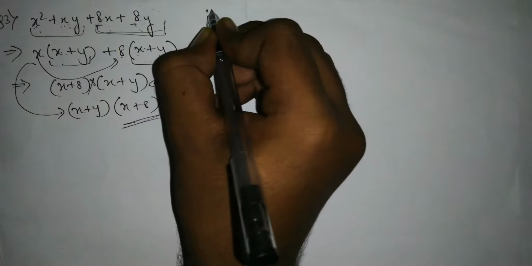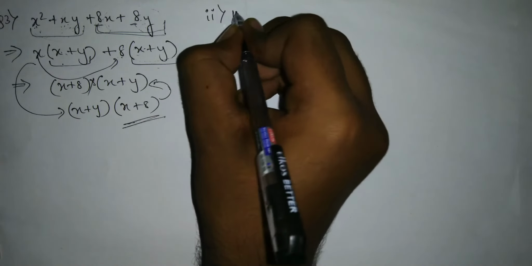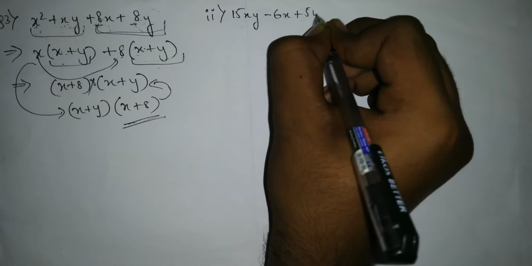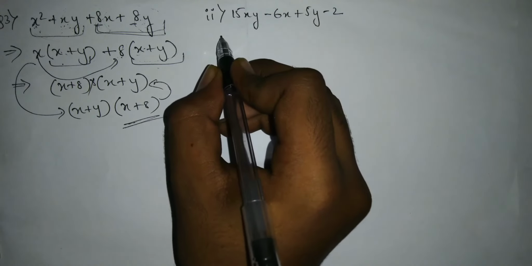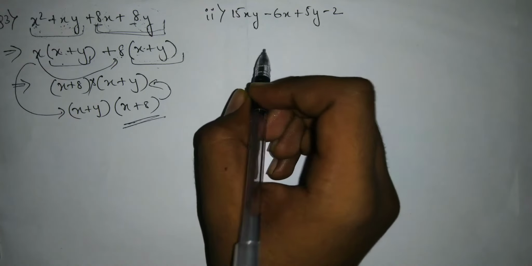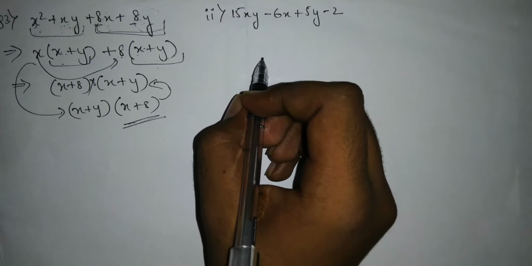Moving on to the second part of the question, that is 15xy minus 6x plus 5y minus 2. Now to do this, which terms should I group?